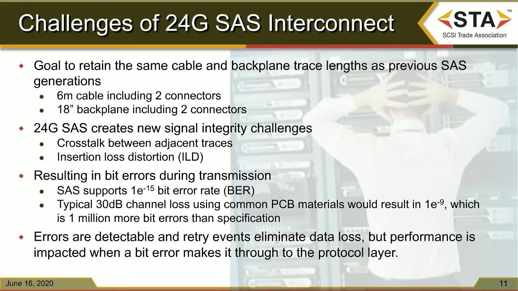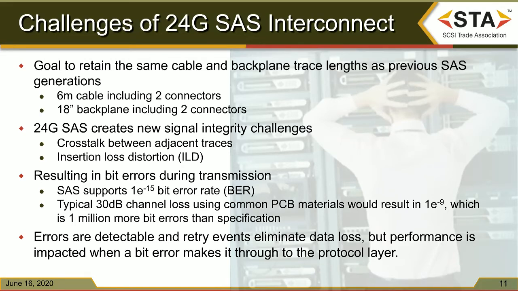In previous generations of SAS, we've achieved one error every 1e to the 15, so that's 15 zeros on the end. We wanted to retain that at 24 gig, so we needed to add some technology to do that. Again, back to context, one error every 10 to the 15 bits is one error retry every 12 hours and 20 minutes.